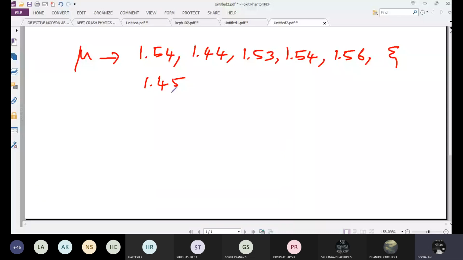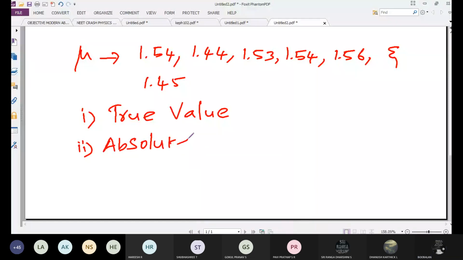Six formulas. First one, true value. Second one, absolute error. Third one, mean absolute error.